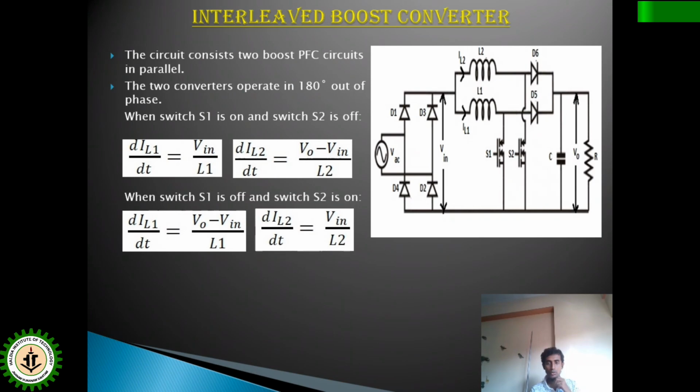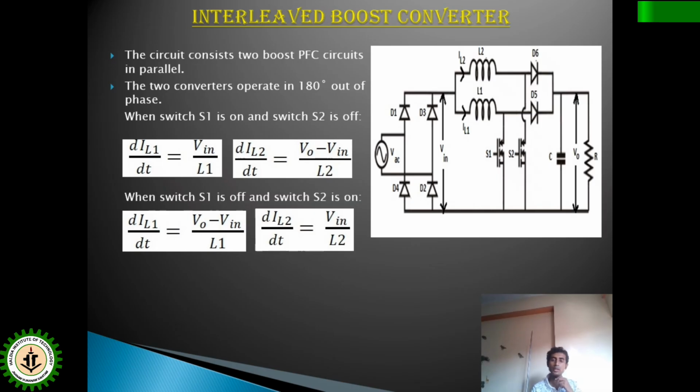How can it be ensured? The two switches S1 and S2 for the two converters will be given pulse widths that will be 180° out of phase. That means when switch S1 is on, S2 will be off. When switch S2 is on, S1 will be off.